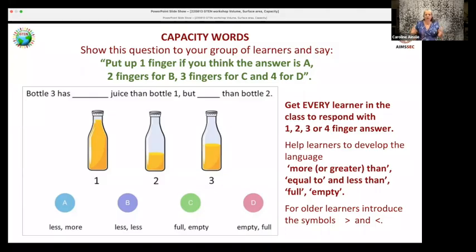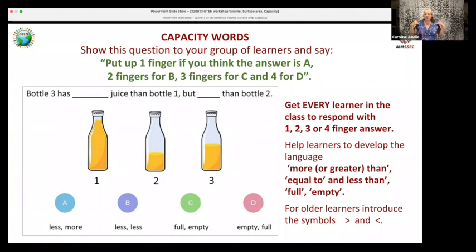Now, what you're going to get from this is that you'll be able to actually see, just by looking, what everybody's thinking. Instead of one person putting their hand up and only getting answers from 2 or 3 people, everybody participates. And you'll always have A, B, C, or D as the possible answers.